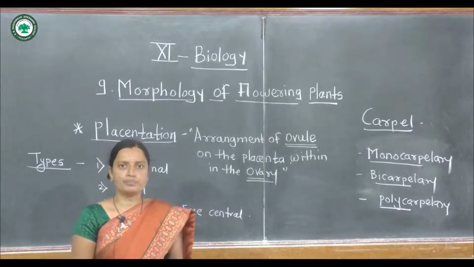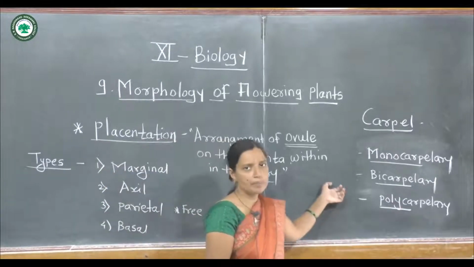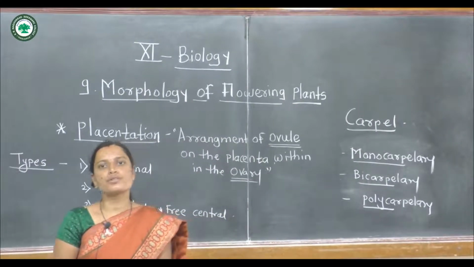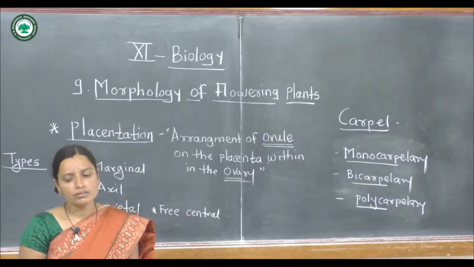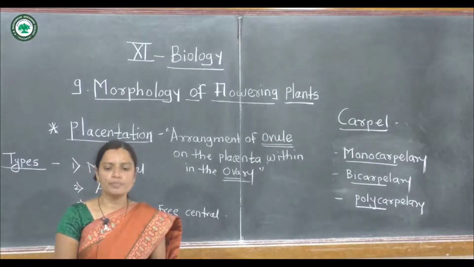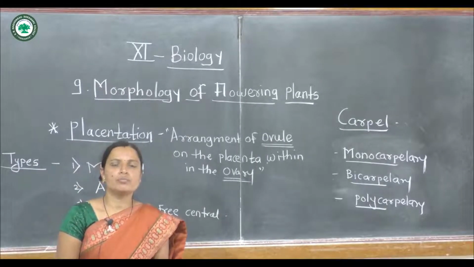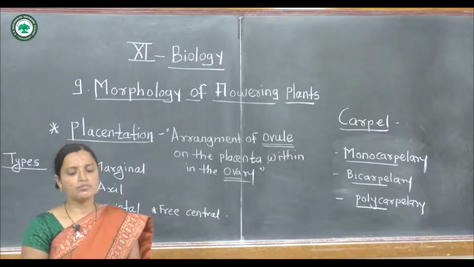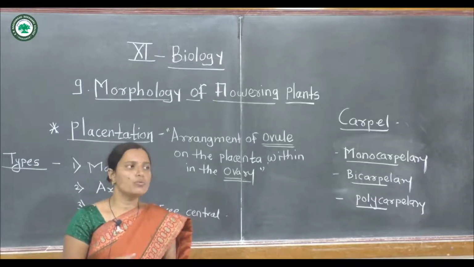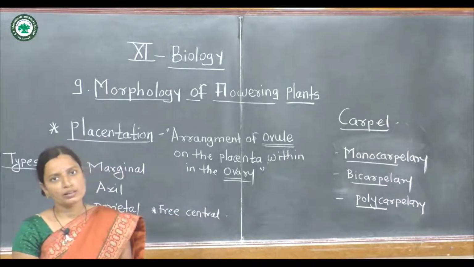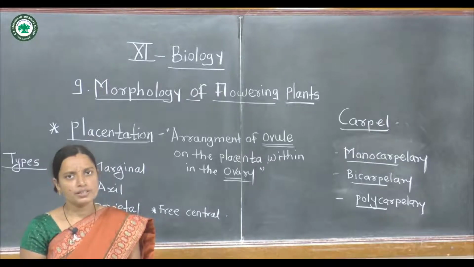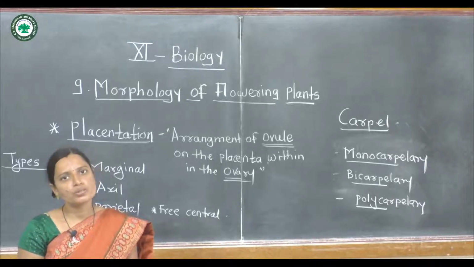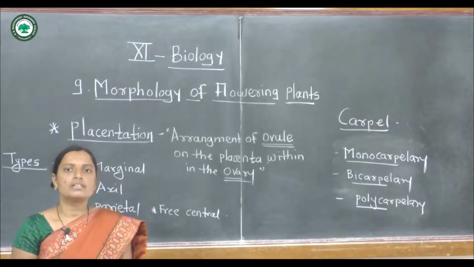The ovary is the most important part of the carpel, and it is the basal structure. Depending on the number of chambers, a section of the ovary shows different numbers of locules: unilocular has a single locule, bilocular has two locules, trilocular has three locules.